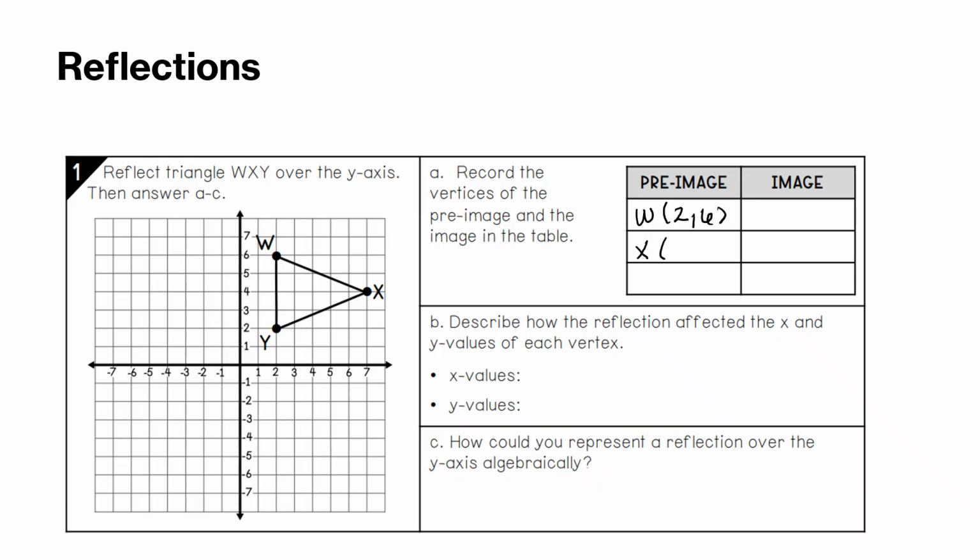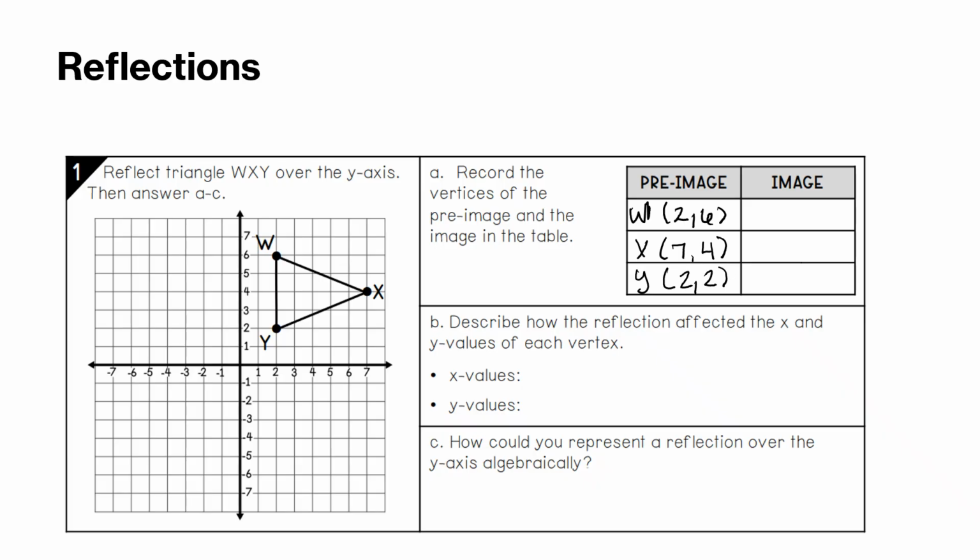X is 7, 4. And Y, oh, let me fix this. This is W, X, and Y is 2, 2.